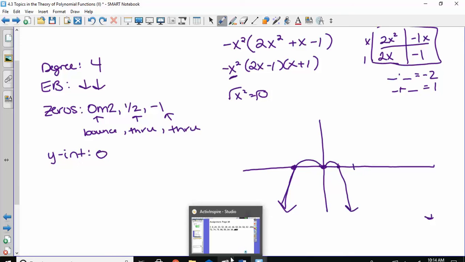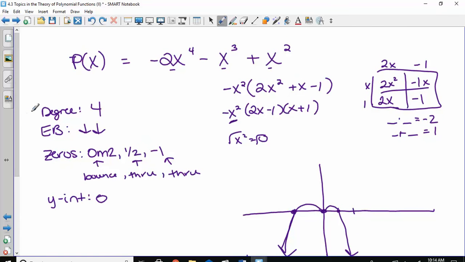If we adjusted the window on our calculator, we would get a clearer picture. It is hard to tell on just the standard viewing window, negative 10 to 10, because it's kind of skinny. But if you hit zoom, and number 2, zoom in, and then hit enter, can you see it a little bit better there? So sometimes we may have to adjust the window a bit if you're trying to check.